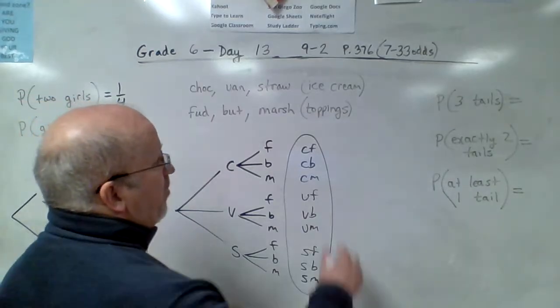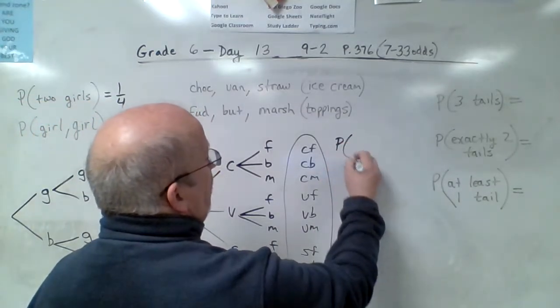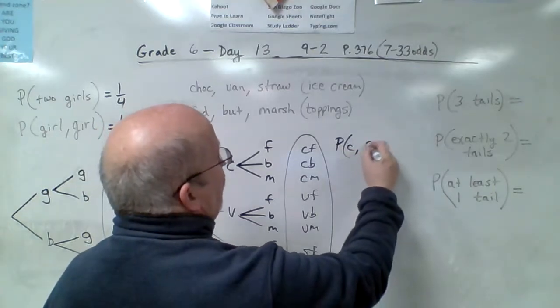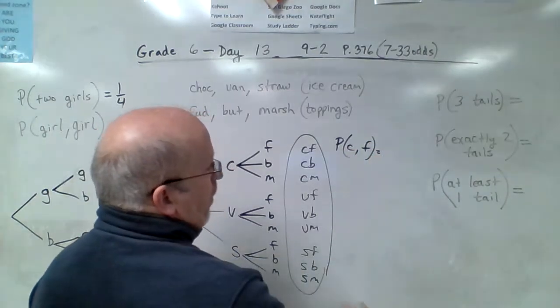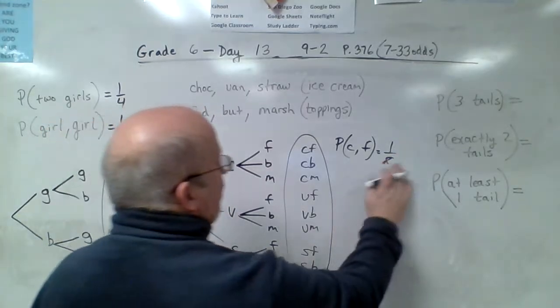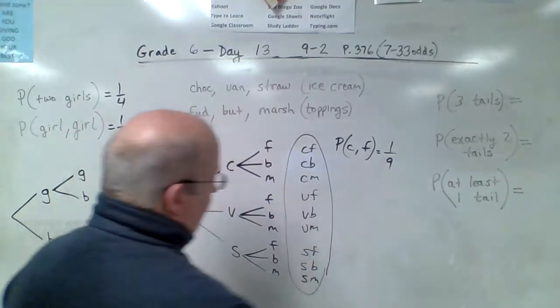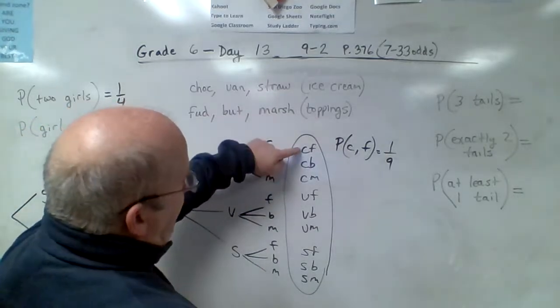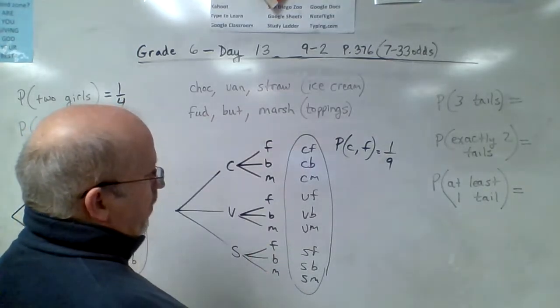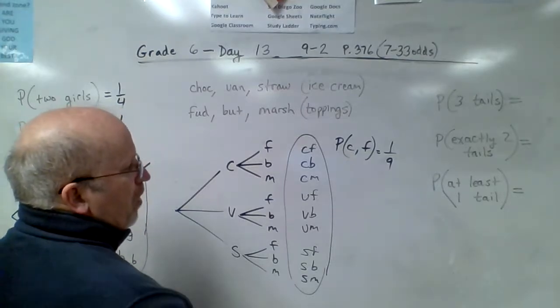So if somebody said to you, in this case, what's the probability of buying chocolate and then buying fudge? The probability would be 1 out of 8. Nope, I'm sorry. 1 out of 9, because there's only one time where you see chocolate fudge out of a total of 9 possibilities.